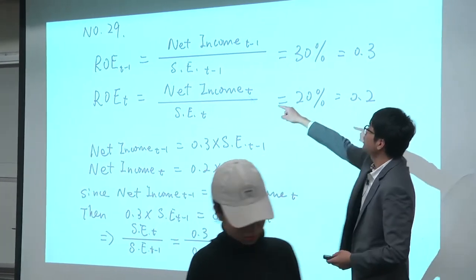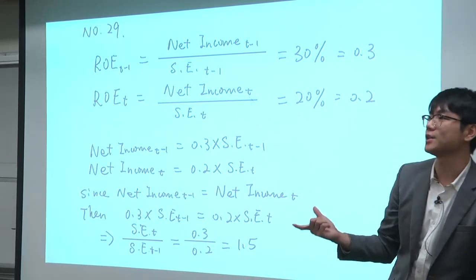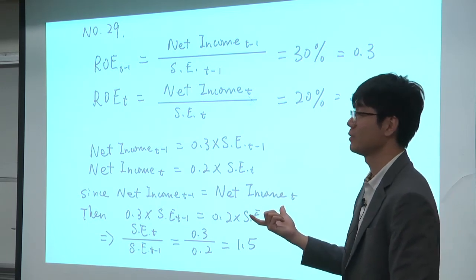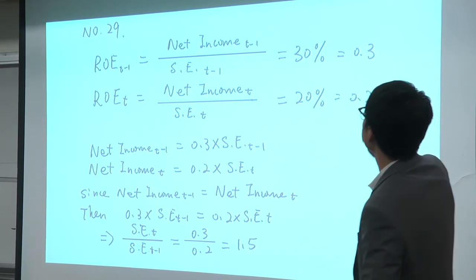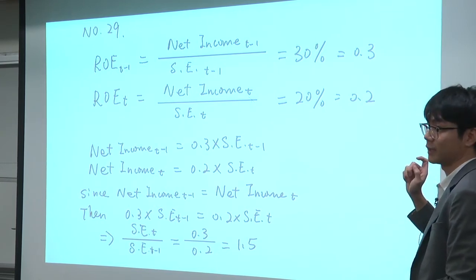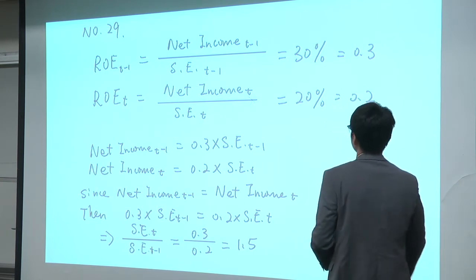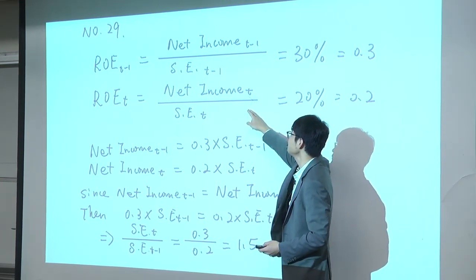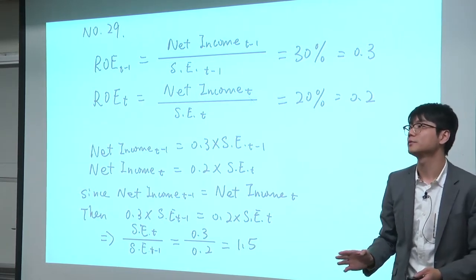Here, return on equity T minus 1, I use that to represent last year. This year is T, last year is T minus 1. So return on equity T minus 1 is net income T minus 1 divided by shareholders' equity T minus 1. Return on equity T is net income this year divided by shareholders' equity this year. So you have 30% and 20%.